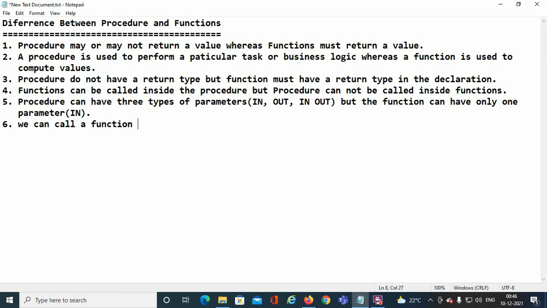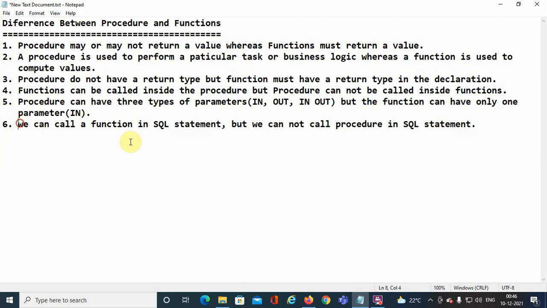That means functions can be embedded in a SQL statement, but procedures cannot. This is a very important difference.